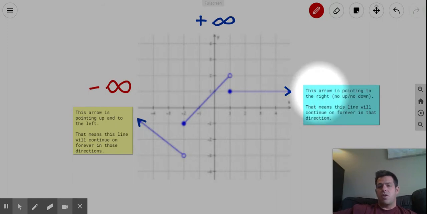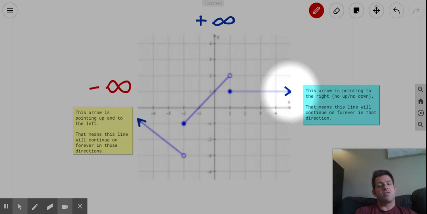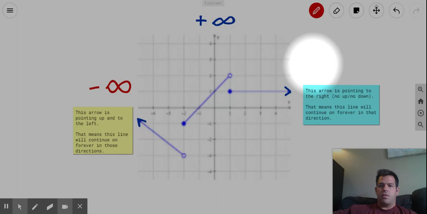This one is going to the right. Now, this one's flat. It's a horizontal line. It's not traveling up and it's not traveling down. It's traveling flat the whole time. So that arrow is going to take us as far as we can go off to the right. When I'm traveling to the right here, I'm going to travel to positive infinity.